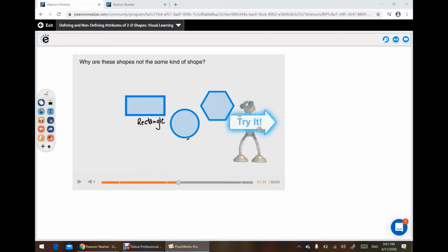And this shape is a circle. And this shape is a hexagon. So, they all are different shapes. But one thing is same in all. What is it? They all are which color? They all are of blue color. Okay?